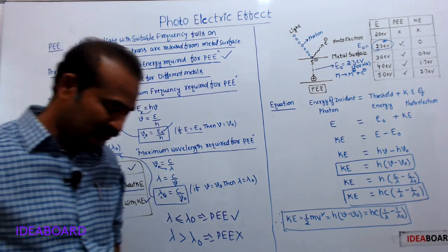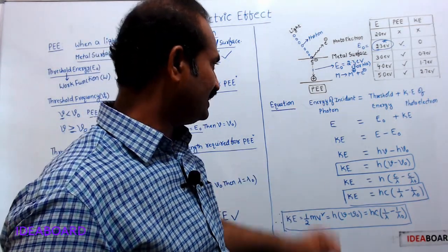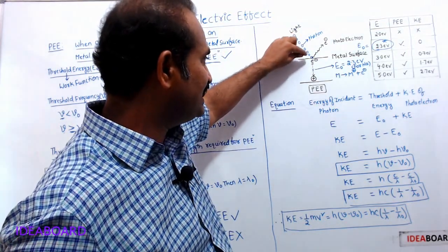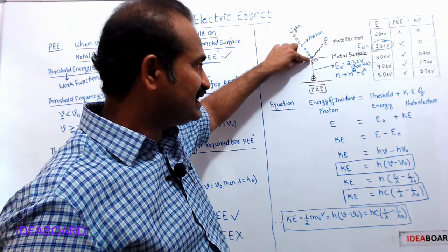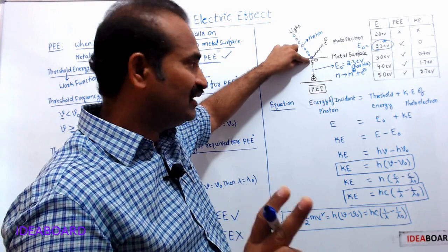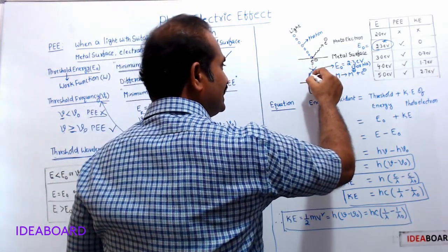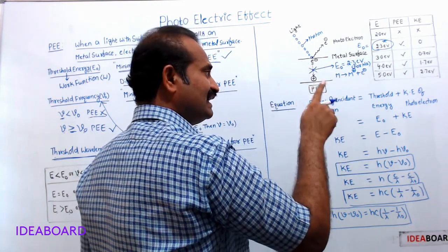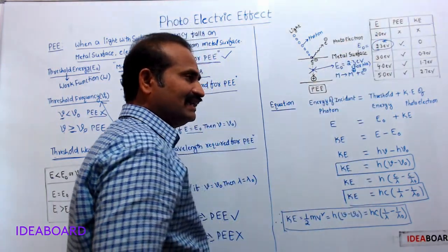Okay. Now come to the photoelectric effect equation. Suppose, see here, energy supplied to this electron in the form of photon is utilized for the purpose of breaking off these attractions. This is one. And if any energy remains, that remaining energy turns to kinetic energy.